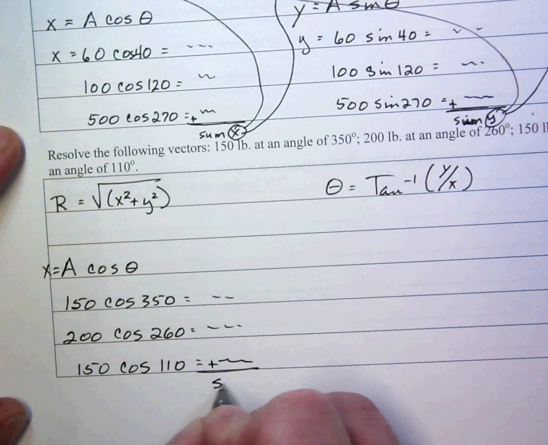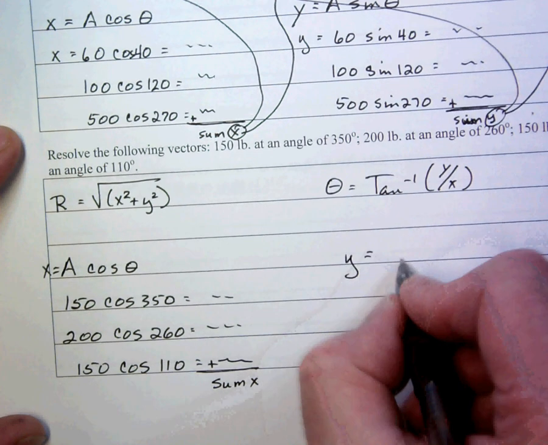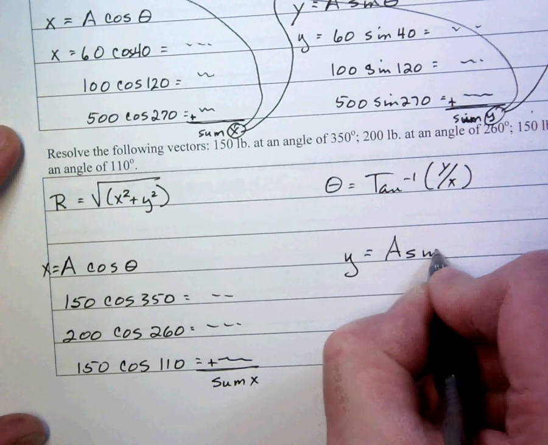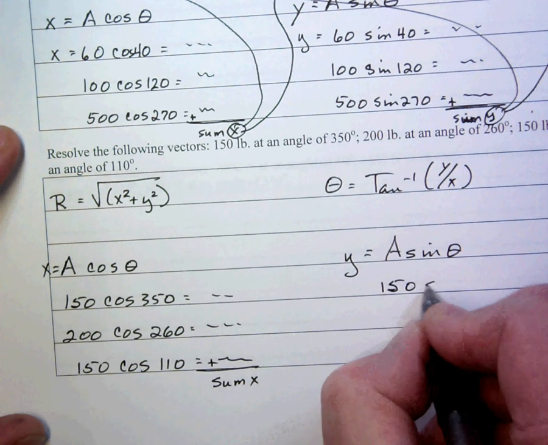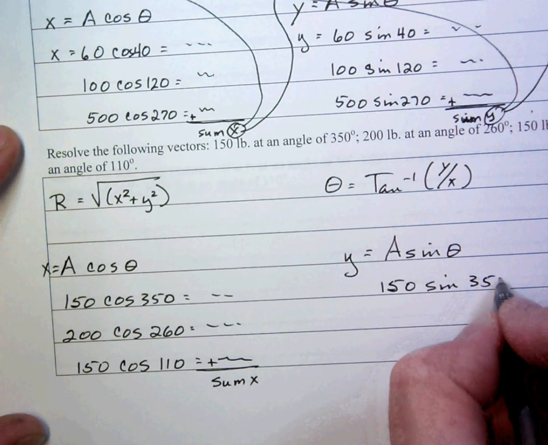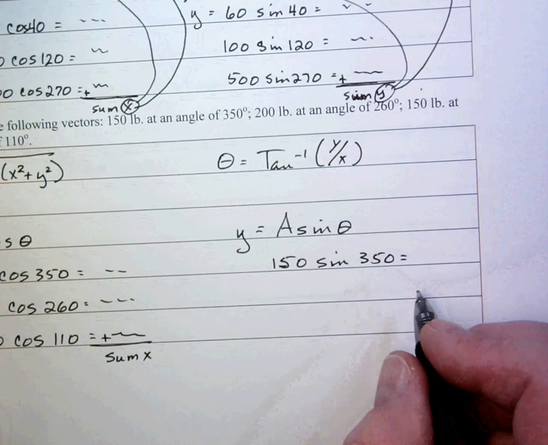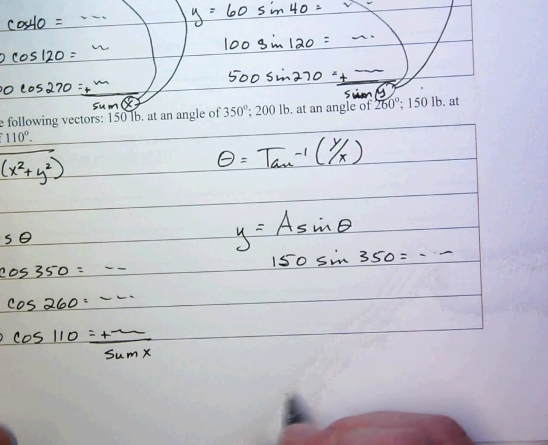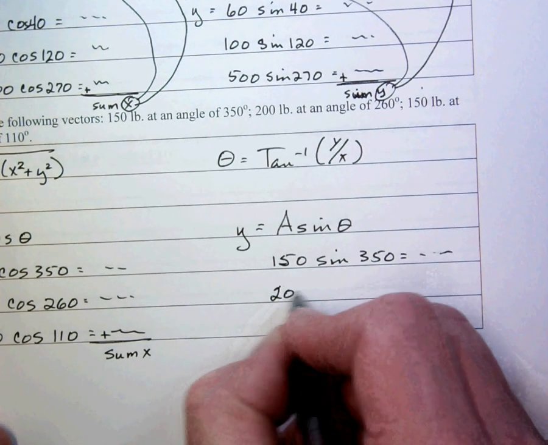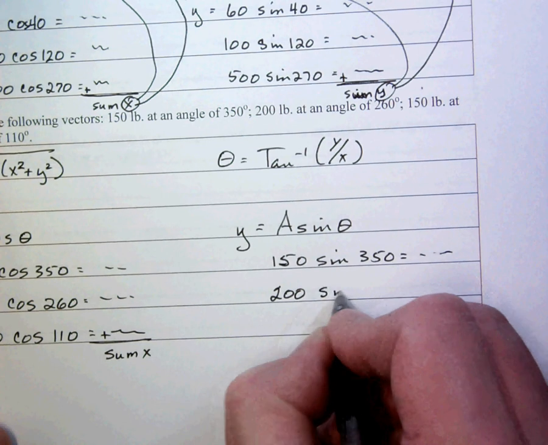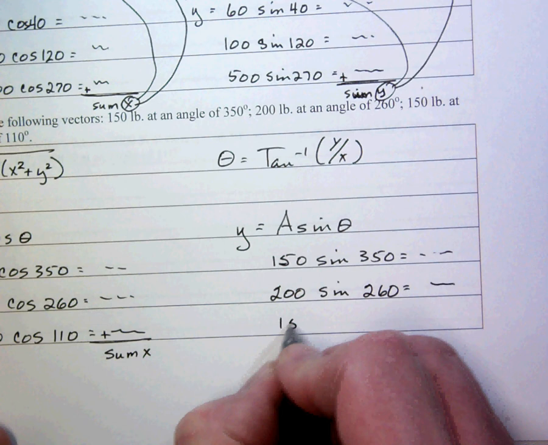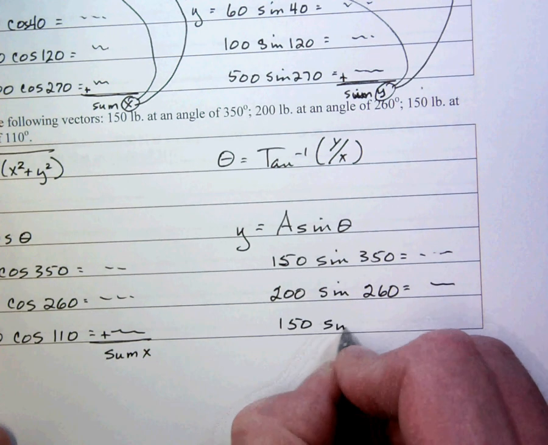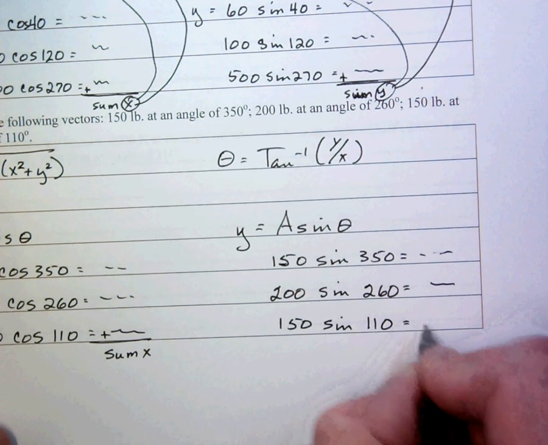Remember, add them so you can get your x sum, and then your y is equal to a sine of theta. So this one is 150 sine of 350, and you're going to get a number here, and then 200 sine of 260, another number, 150 sine of 110, and another number.